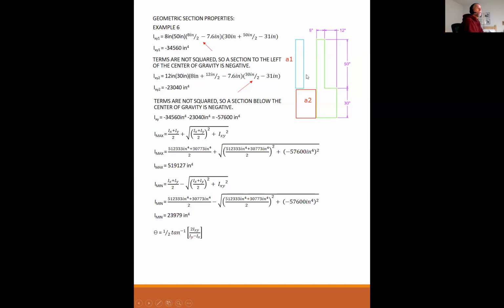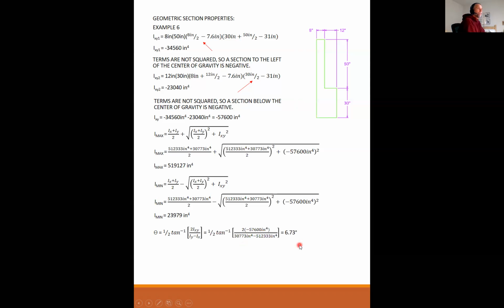And then if we solve, actually, let me get rid of these now. Okay, then I'm going to solve for the axis orientation. So it's half inverse tangent, 2 times minus 57,600 over 30,773 minus 512,333.